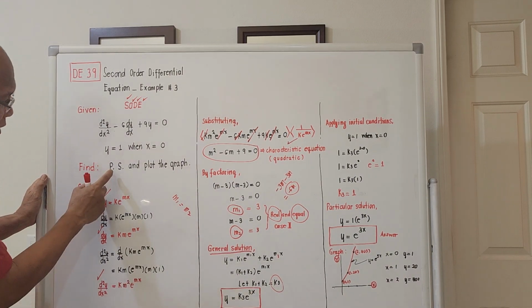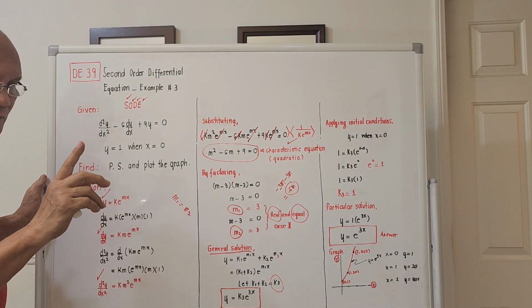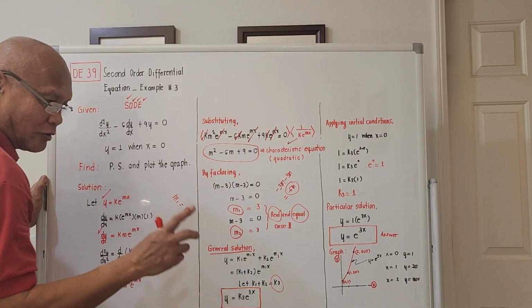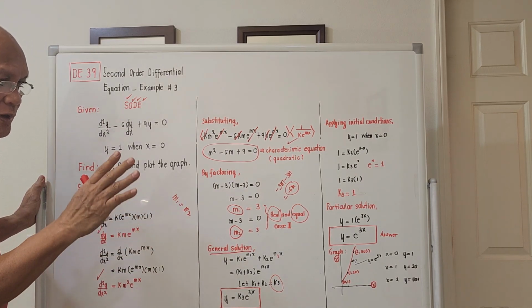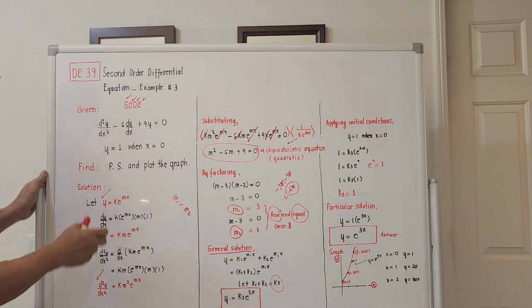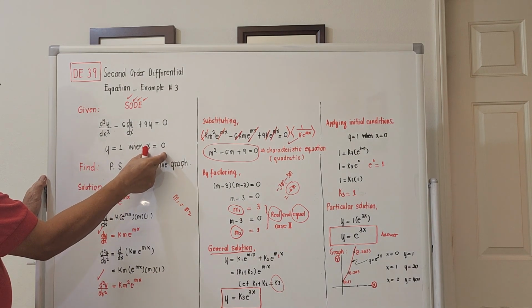Why general solution? Because for the meantime, we do not know the value of k3. The problem is asking for the particular solution, so it's a must that we compute for the value of k3. And to compute for the value of k3, we will just apply the given initial conditions. The given initial condition is that y is equal to 1 when x is equal to 0.